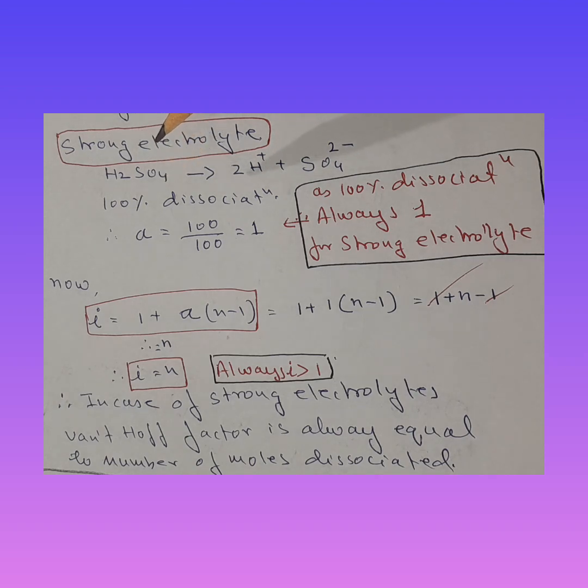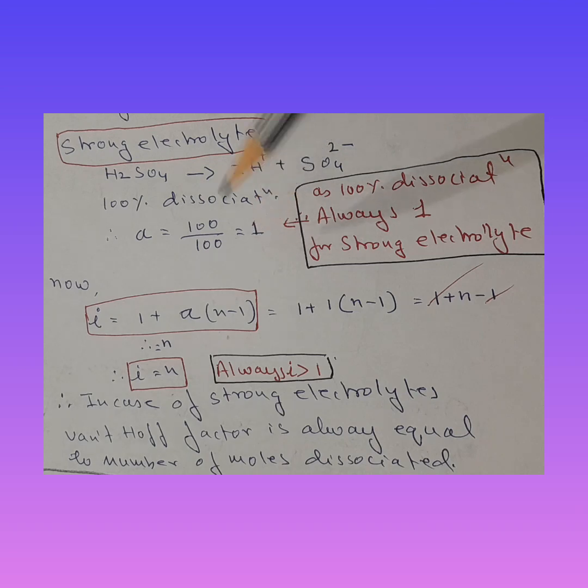As I mentioned, strong electrolyte means as soon as you put it in water, it dissociates into anions and cations. The example I've chosen is sulfuric acid, a strong acid which dissociates to give 2 H plus and 1 sulfate ion. Obviously, being strong, it dissociates 100%. If I take 100 moles, 100 moles dissociate. So 100 over 100 is 1, that is 100% dissociation. So this alpha would always be 1.